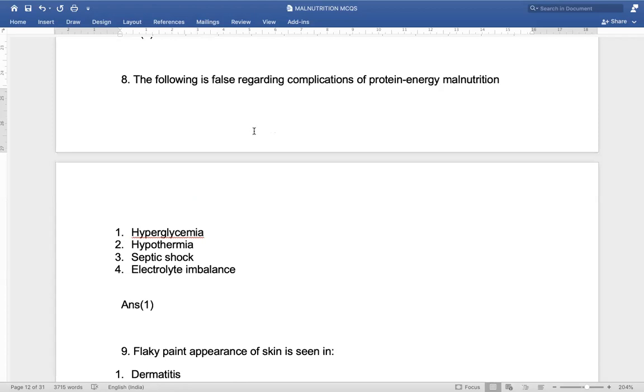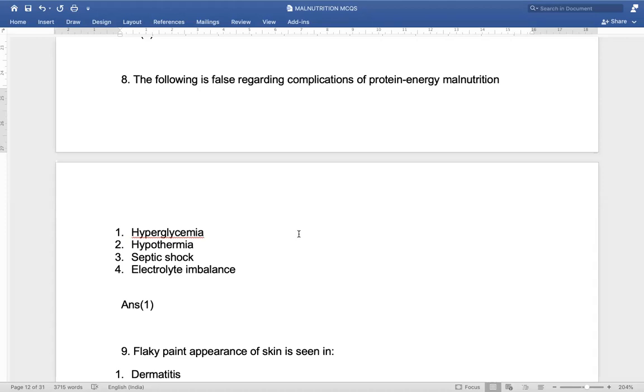So false regarding complications of protein energy malnutrition is: hypothermia can occur, septic shock can occur, electrolyte imbalance can occur, but hyperglycemia does not occur, it is hypoglycemia. So how do you remember? Acute complication is SHIELD. S for sugar is low, that is hypoglycemia. H for hypokalemia.